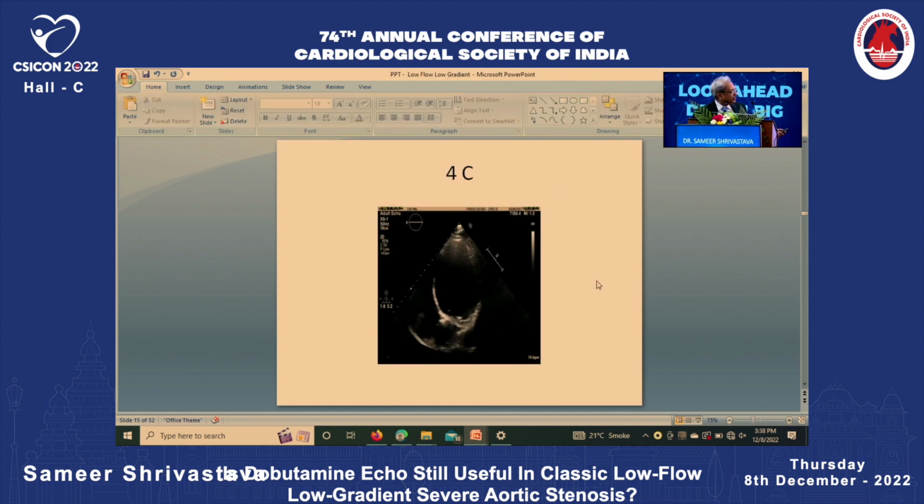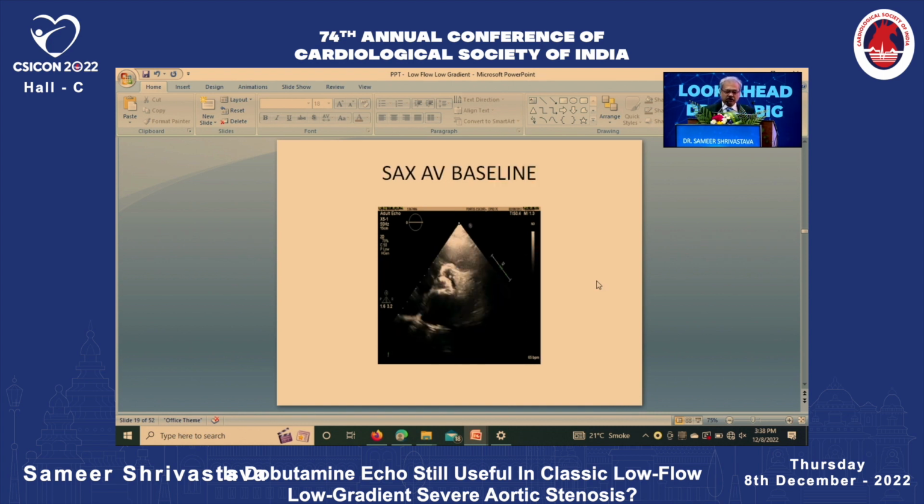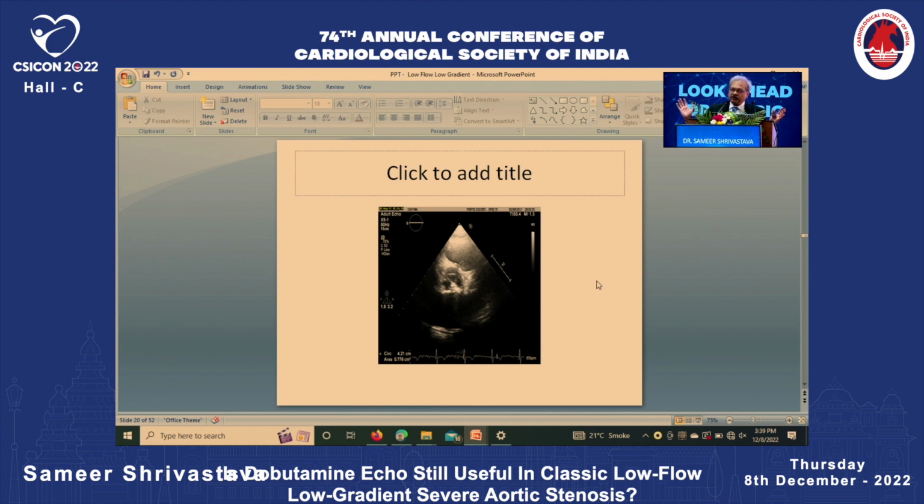So we did 4-chamber. This 4-chamber showed, let me just come, since it's not playing, I'll come to the short axis. Now again, the short axis showed that there was an area of about 0.77. Unfortunately, we didn't know whether this was a truthful stenosis or whether because of poor LV it was not able to contract and open up the leaflets too well.